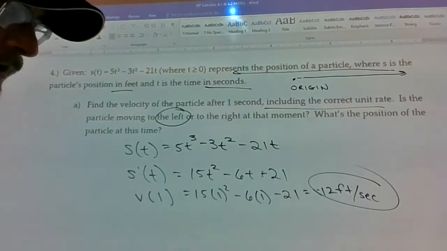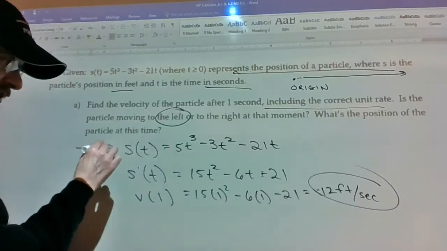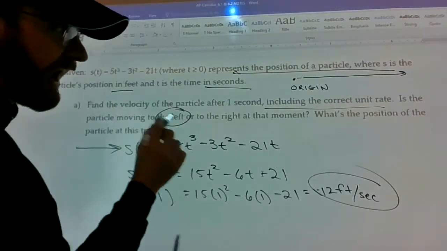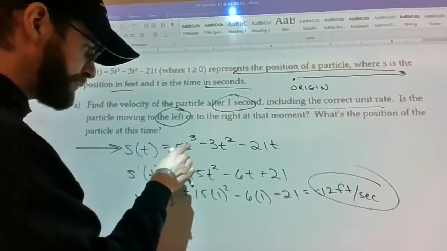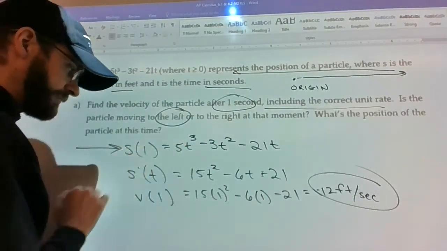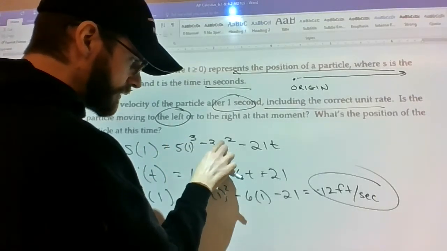What's the position of the particle at this time? Great question. Here's my position function. The time in question is 1 second, so all I have to do is plug in 1 for all the t values.